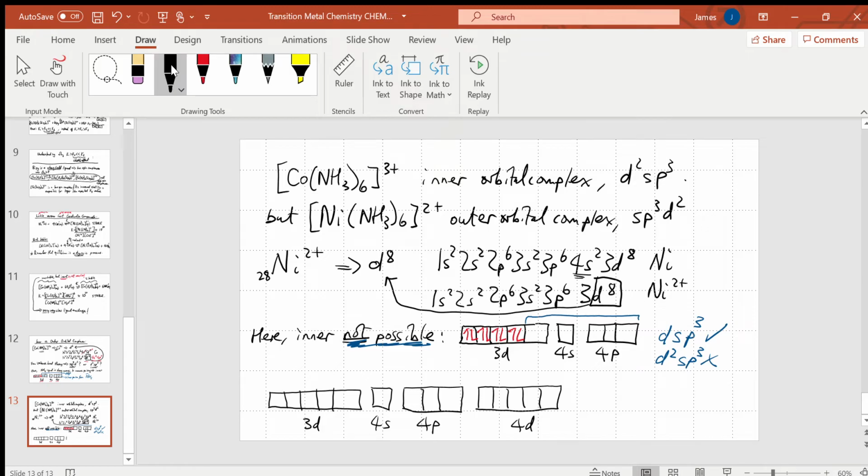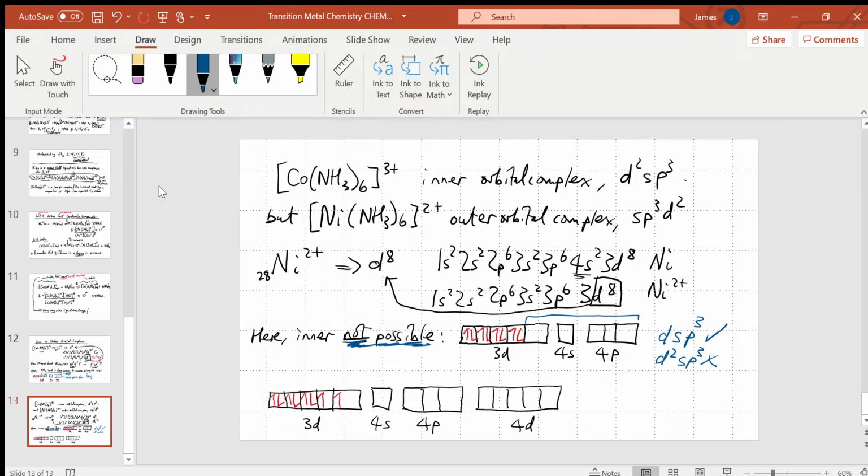4d. Let's go ahead and fill our d, not pairing this time, because that didn't work. So Hund, Hund, Hund, Hund, Hund. It's 5. Pauli, Pauli, Pauli. Okay, and then I've got my lone pairs, so let's use blue.